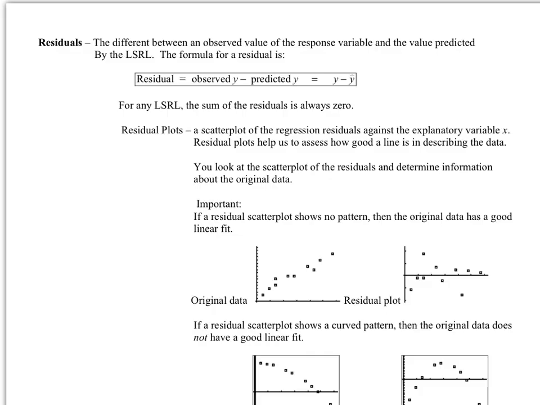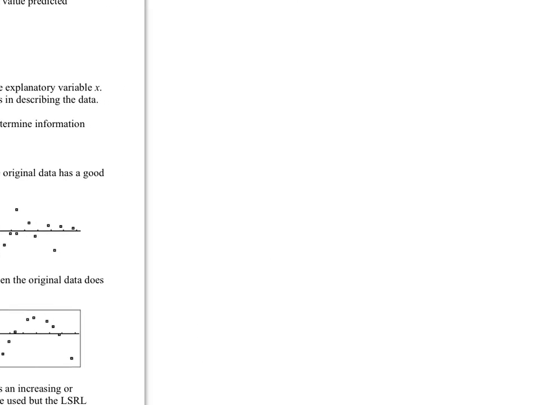The new topic is residuals. Now residuals are errors. That's another word for it. It's an error. Let me draw you a picture.